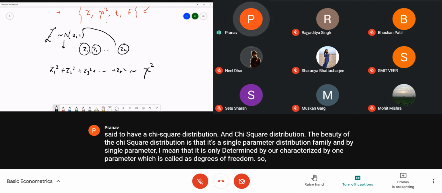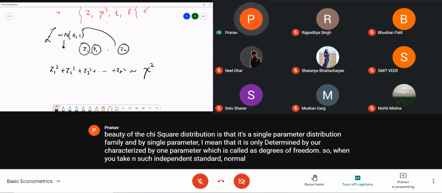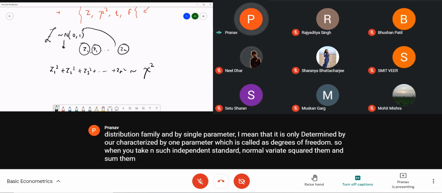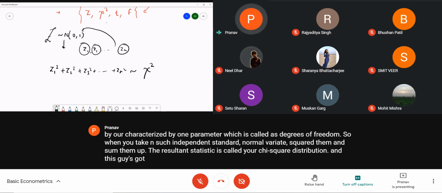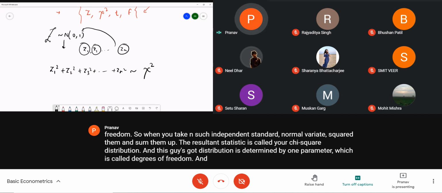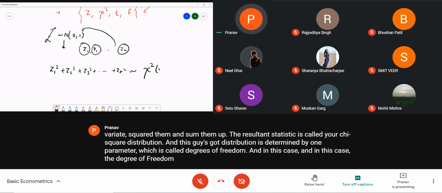So when you take n such independent standard normal variates, square them and sum them up, the resultant statistic is called your chi-square distribution. And this chi-square distribution is determined by one parameter, which is called degrees of freedom. And in this case, the degree of freedom here is n.